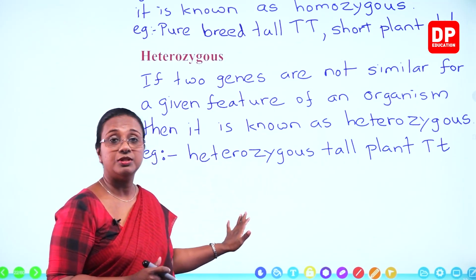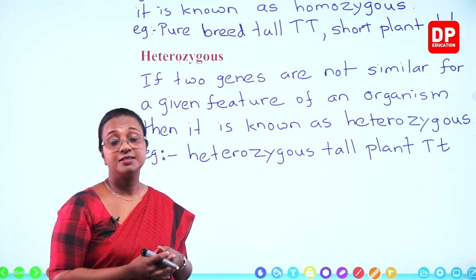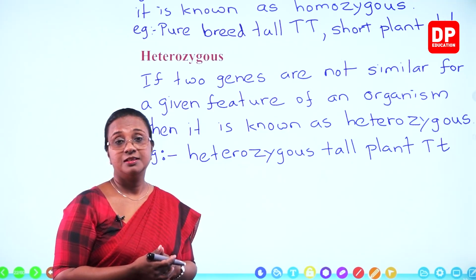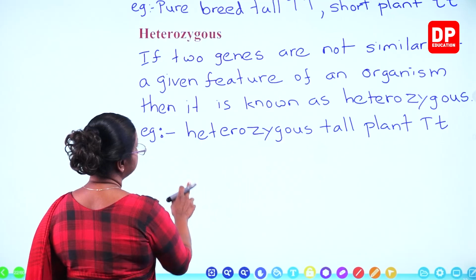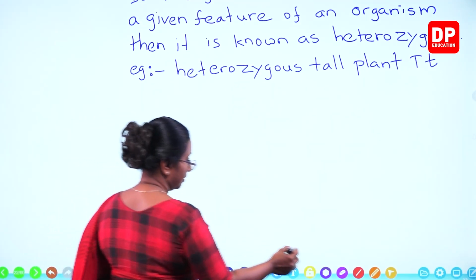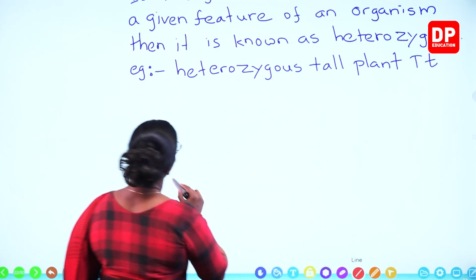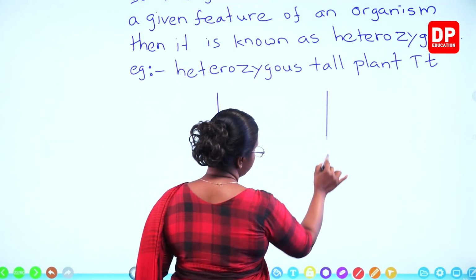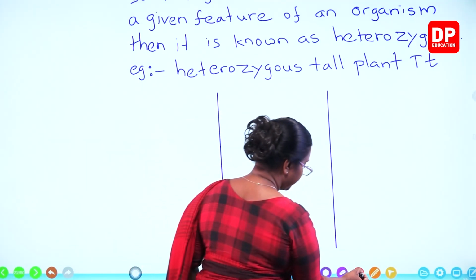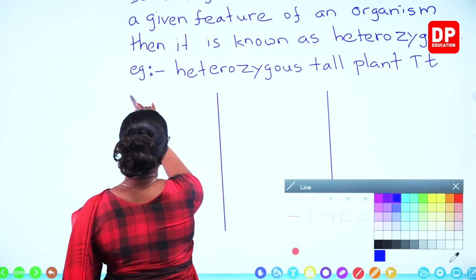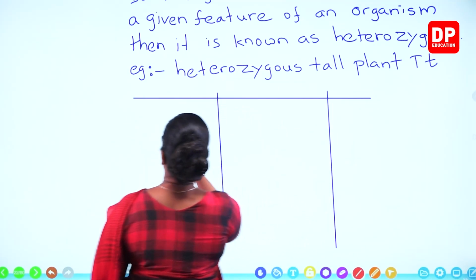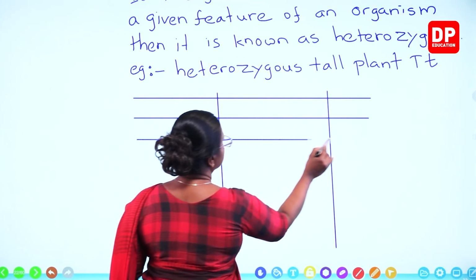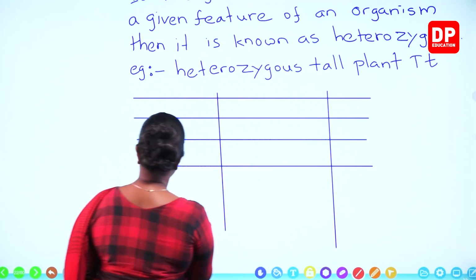So similar to this, can you all think of the other characters where you have the homozygous and heterozygous instances? If we have the feature, homozygous and heterozygous instances, we can write a few examples.